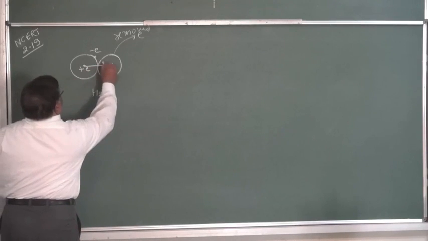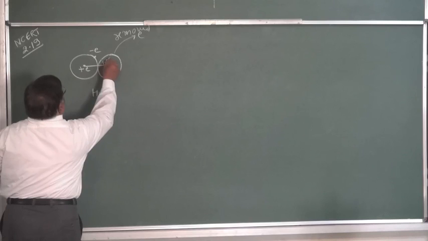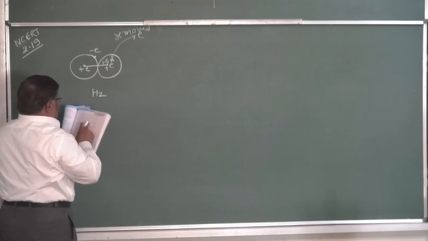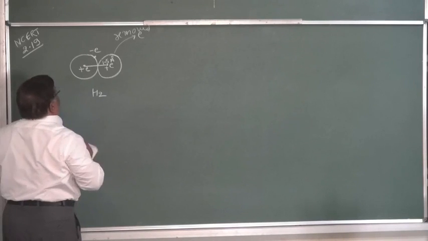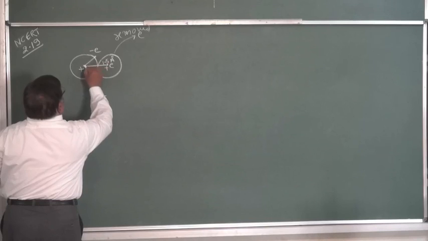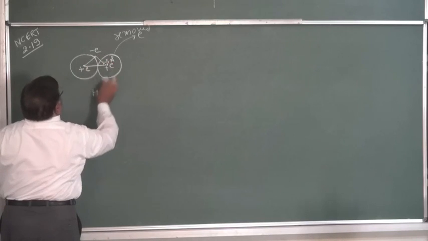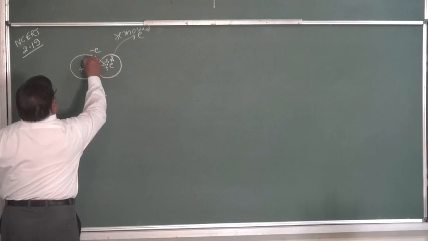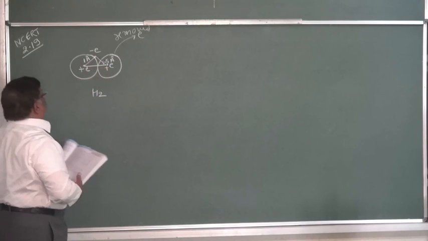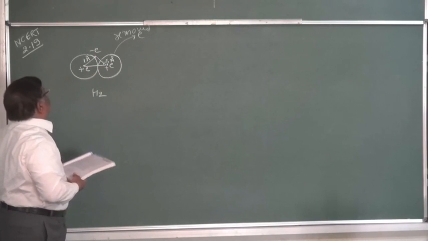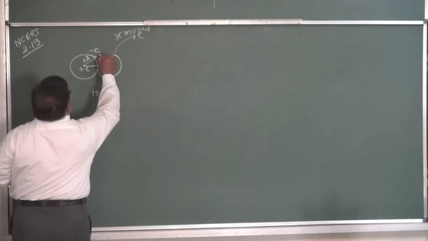This 1.5 angstrom, correct? And the electron is roughly 1 angstrom from each proton. This and this, both are 1 angstrom. Okay, quite possible, don't go on the drawing, there are certain adjustments. This electron is 1 from both.